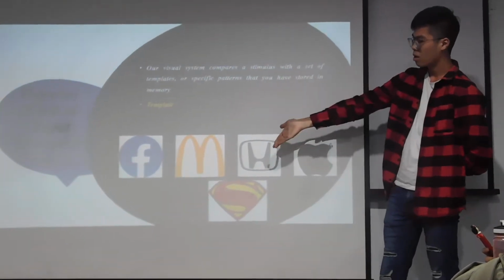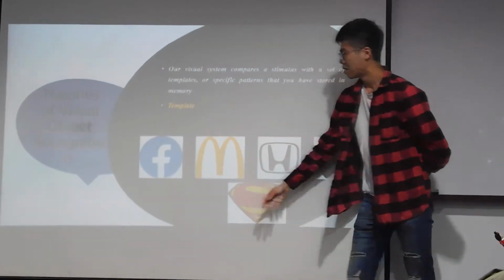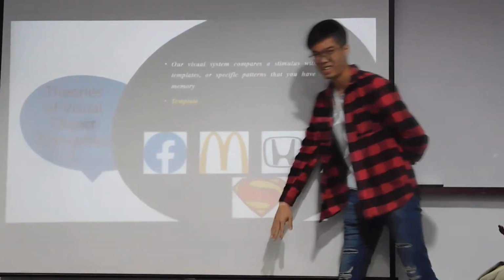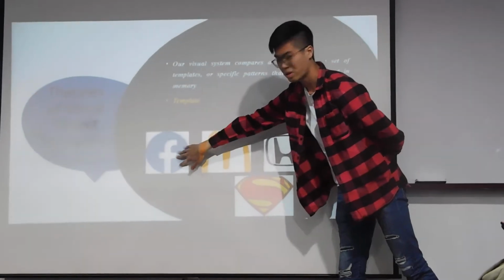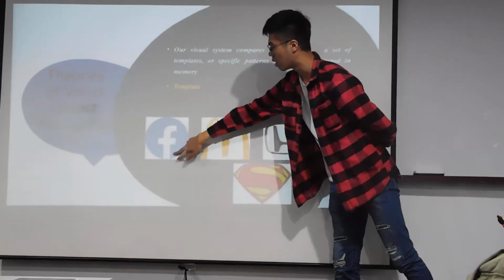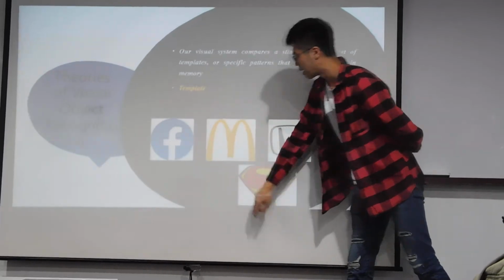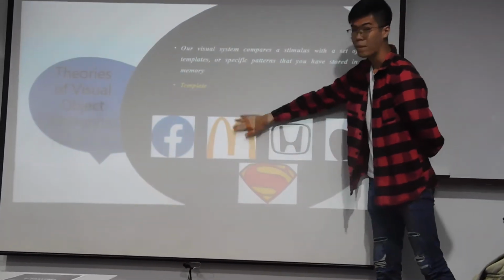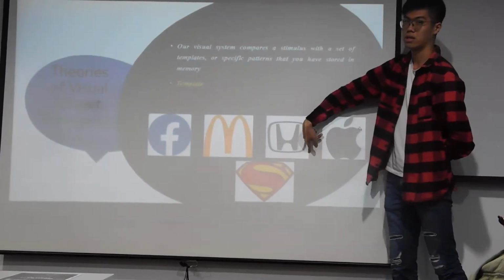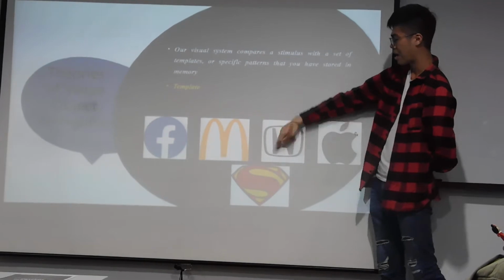We always see them. So like the first one, I think all of us know what that is. Okay, so it's Facebook. So we know that it's F. Our template will tell us this is the F, and the second will be the M, McDonald's, and third is the H, the car, Honda, yeah, the car brand.